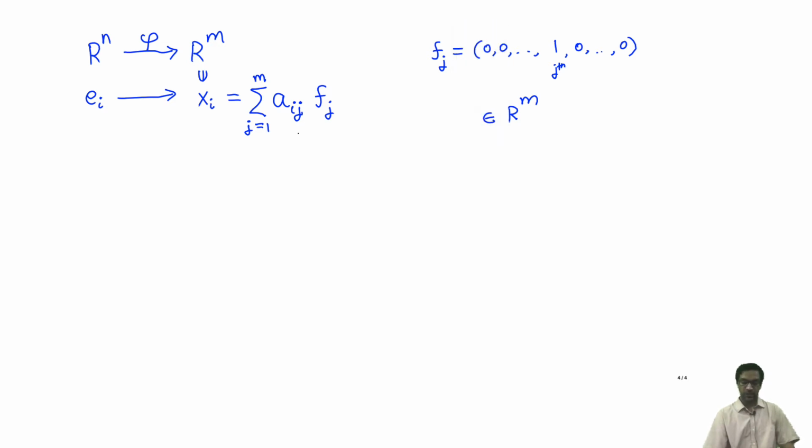They are some elements of R. So our previous discussion says that to specify a homomorphism from Rn to Rm, you just need to tell me what these n xi's are, or equivalently, you just need to tell me what these scalars aij are. Now here, how many of them are there?